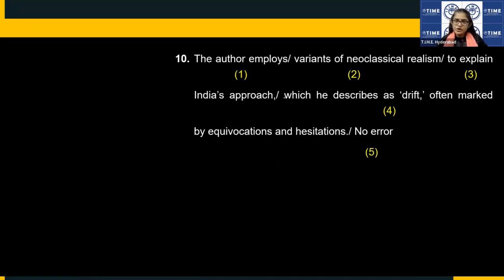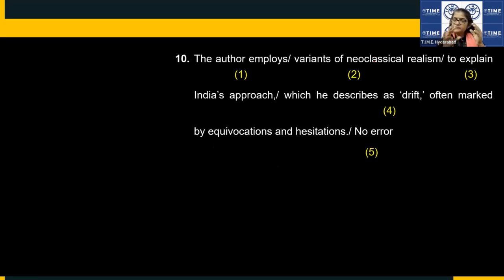The author employs variants of neoclassical realism to explain India's approach, which he describes as drift, often marked by equivocations and hesitations. Okay. The author uses various variants, different versions of neoclassical realism to explain India's approach, which he describes as drift.